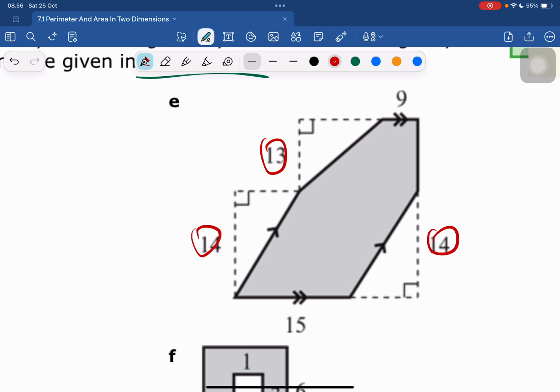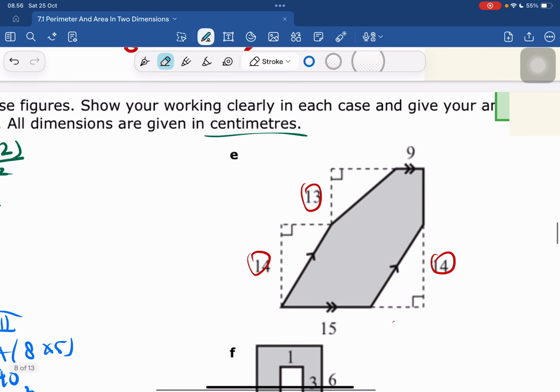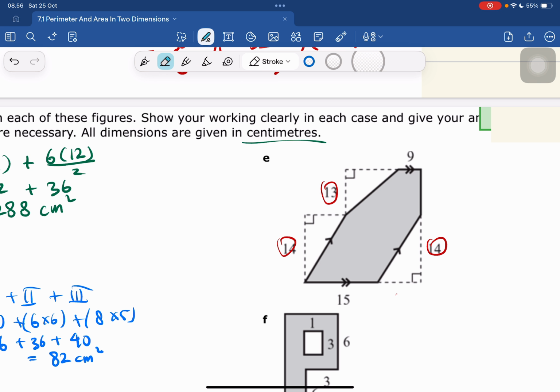If this is 15, 9. Okay, here is 9. So what information can we get? Let's think. So if this is 13, 14, 14. So what's the total? Show your working clearly.